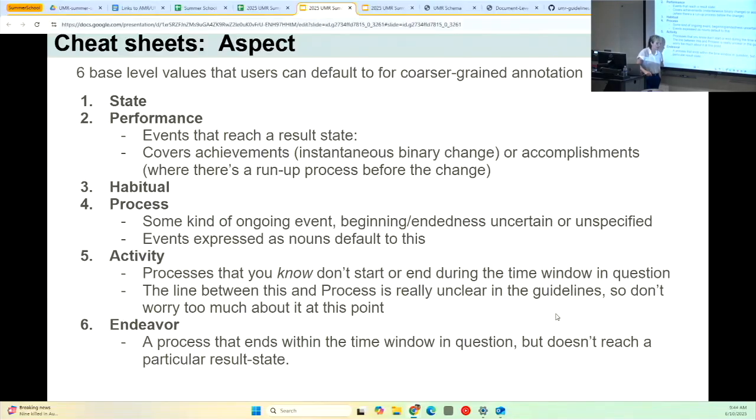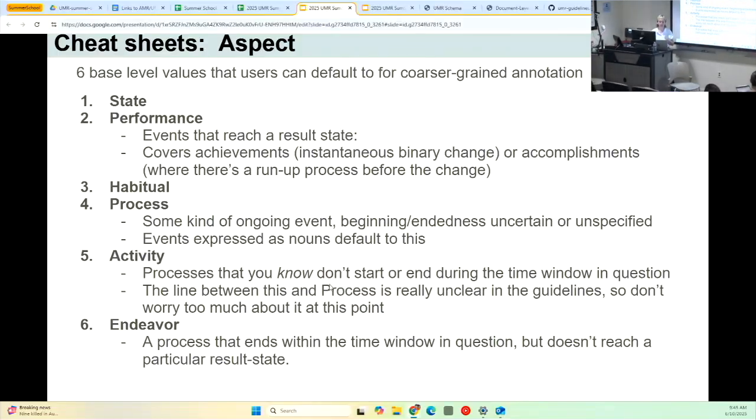And there are a lot of times with nominalized events where you actually do get a feel for what the aspect is of that event, but that's more of a lexical aspect situation. You can use a more specific kind of aspect anytime you feel like you're certain about it, but if you're really not certain that there's a specific aspect trying to be communicated, you can just use process. So it's kind of like a default option for events.